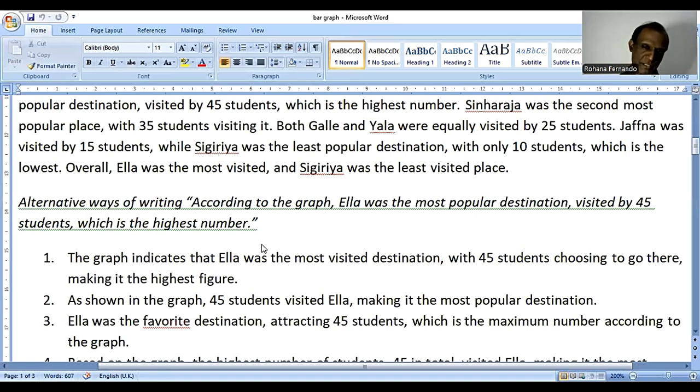So, with advanced students, you can select this type of sentence, right?